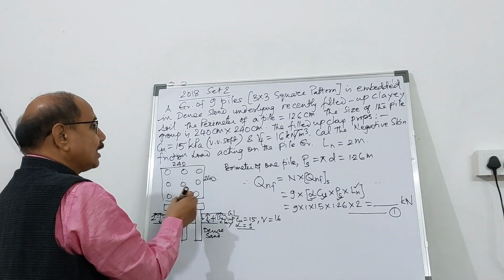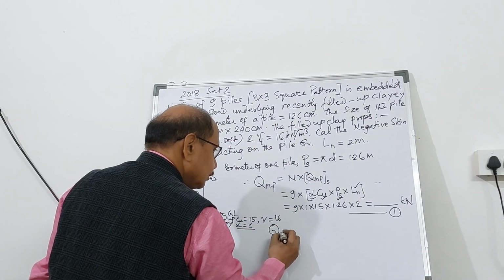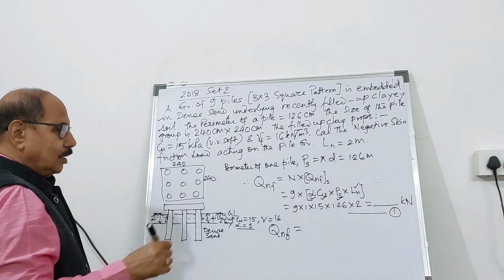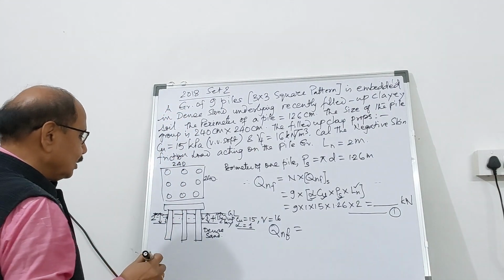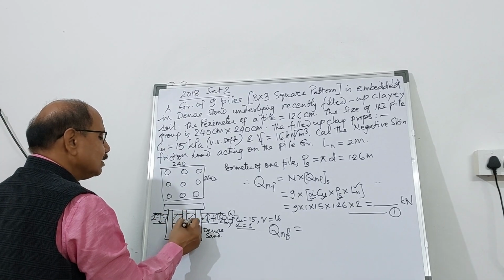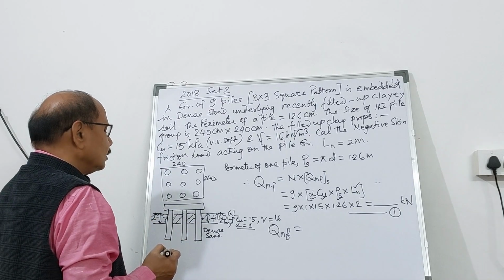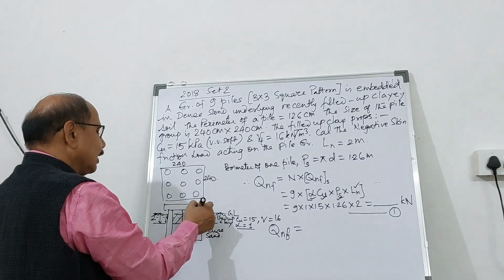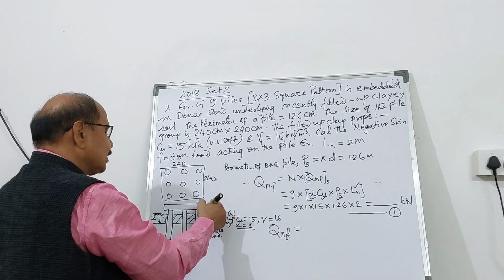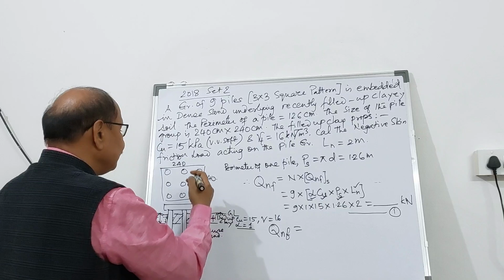Now, when it is acting as a group, the negative skin friction is based on the group concept only on the periphery, because the soil within will be settling down, and in group capacity the friction is going to come only on the periphery.